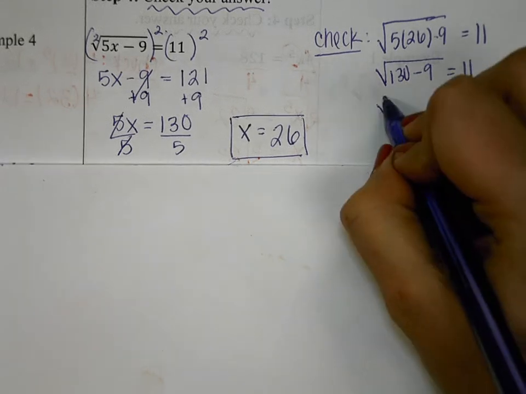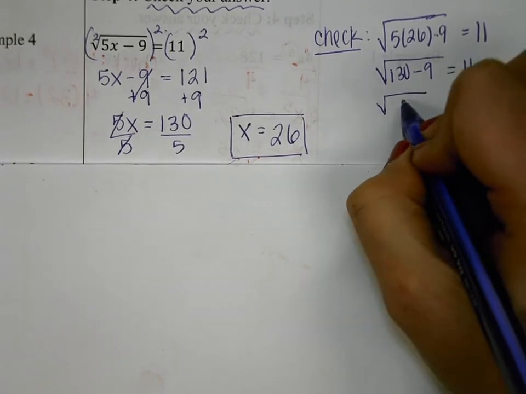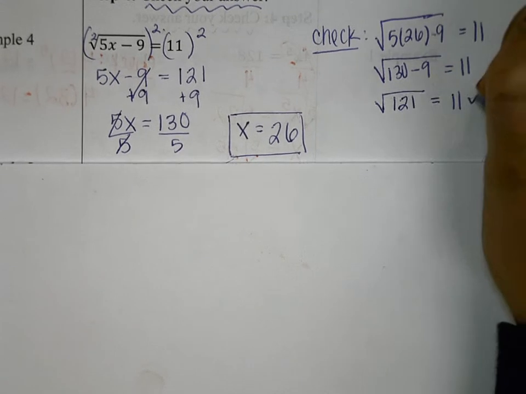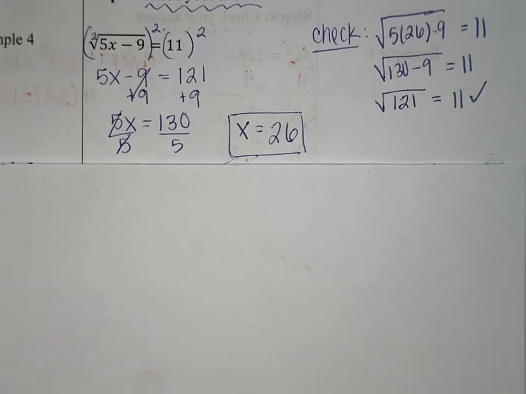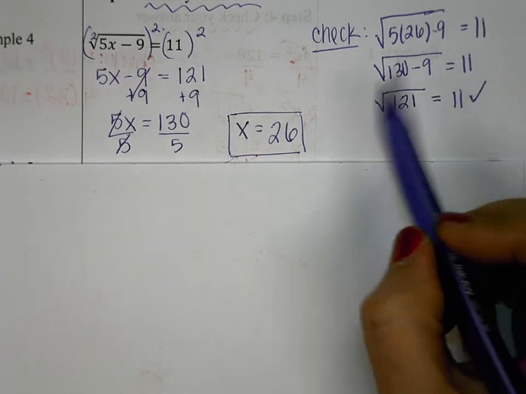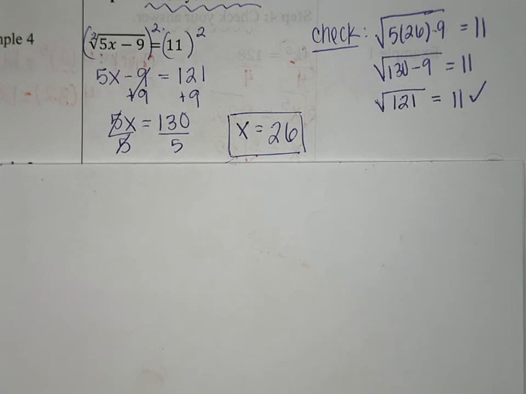And the 130 minus 9 gives me the square root of 121, and the square root of 121 is 11. So that's what we wanted, so we got the correct answer. Now, it does not have to be plus or minus over here because the square root is already written in. I am not the one physically drawing the square root, so we can go ahead and leave our answer as the positive option.